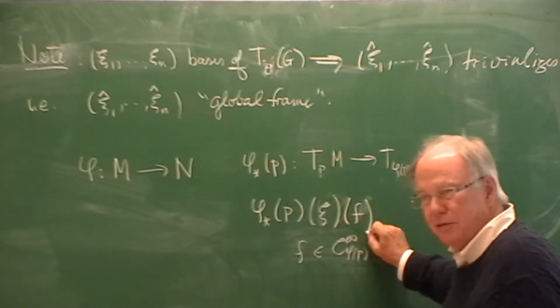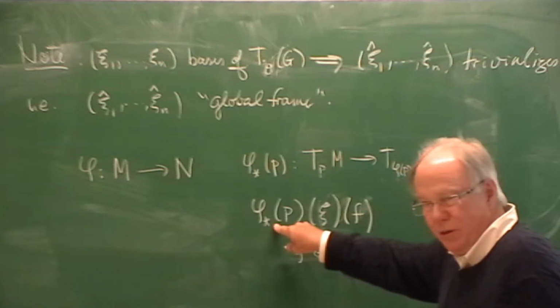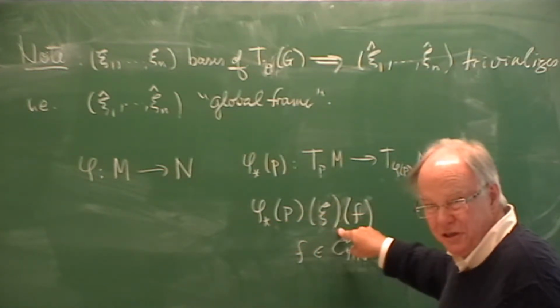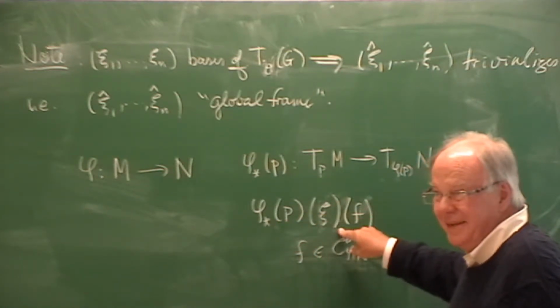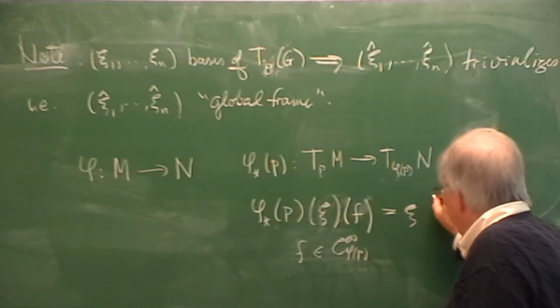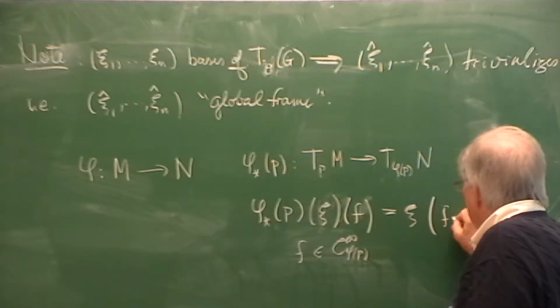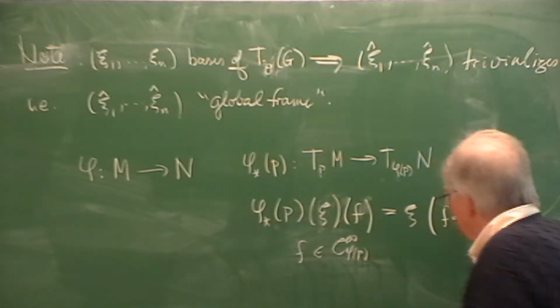There are so many things that you have to do. That's the reason you're asking the question. I take a tangent vector here, I push it forward here, and apply it to a function there. It's terrible. So what that means is you apply C to f composed with phi.